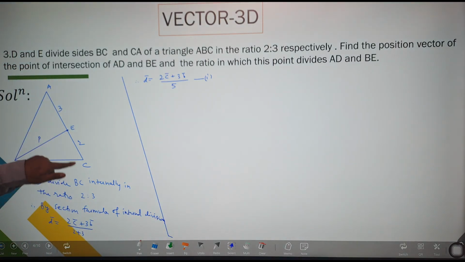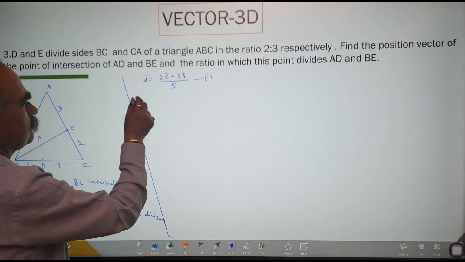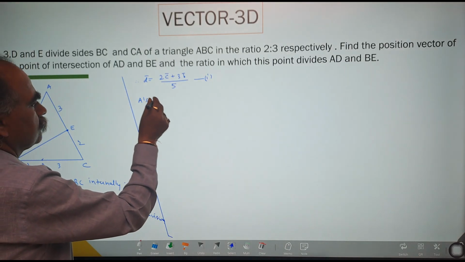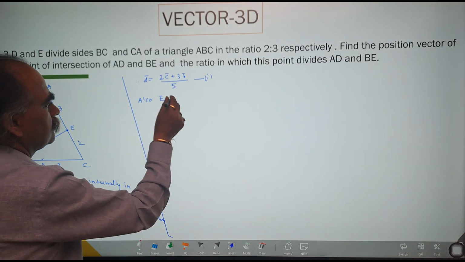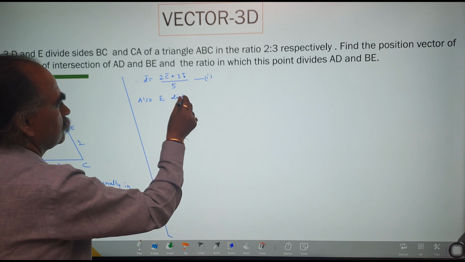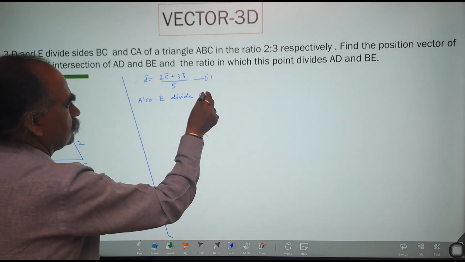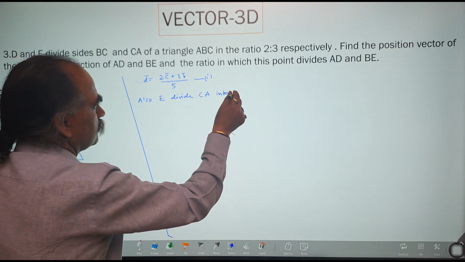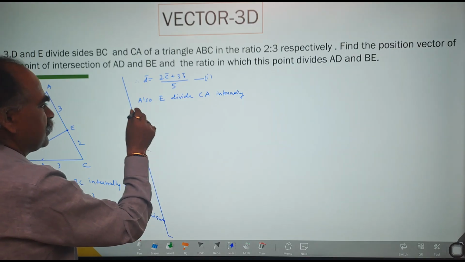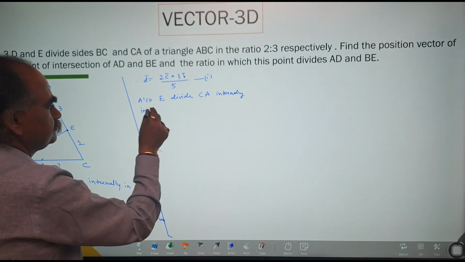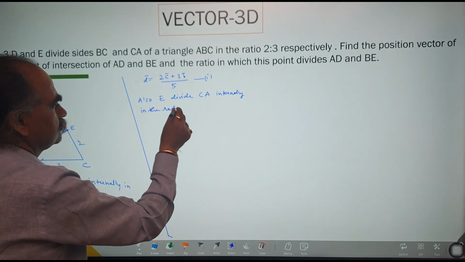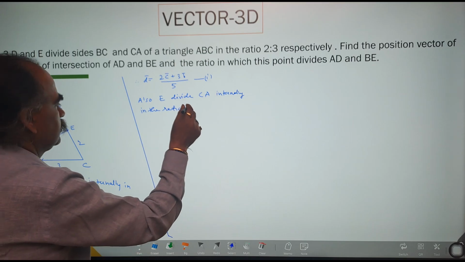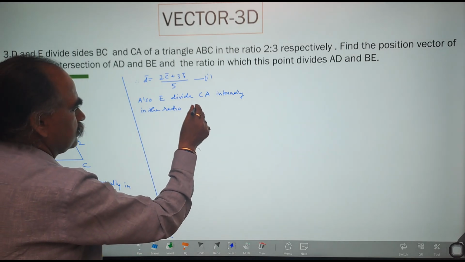Also E divides CA internally in the ratio 2:3.